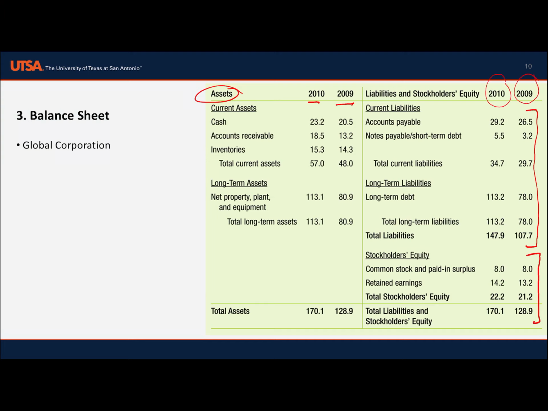As you see, total assets is equal to total liabilities and stockholders' equity as of 2010. It's similar for 2009: the total assets should be equal to total liabilities and stockholders' equity for 2009.